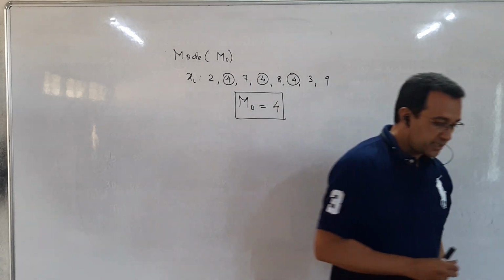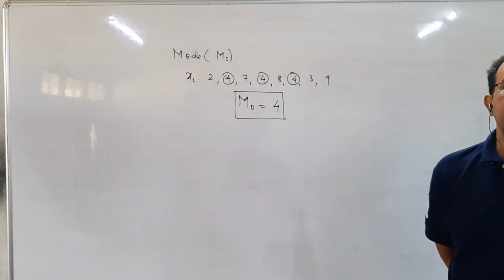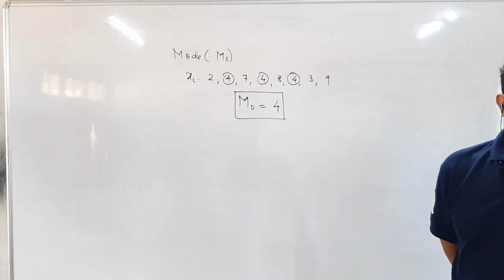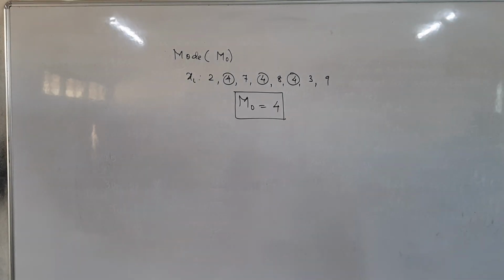Here the symbol for mode has been changed. In your lower standard, again I repeat, you are using Z. Here, students, we are using M0. So the value of observation repeated the maximum number of times is called the mode of the given data. Sometimes, students, we have data which has more than one mode.